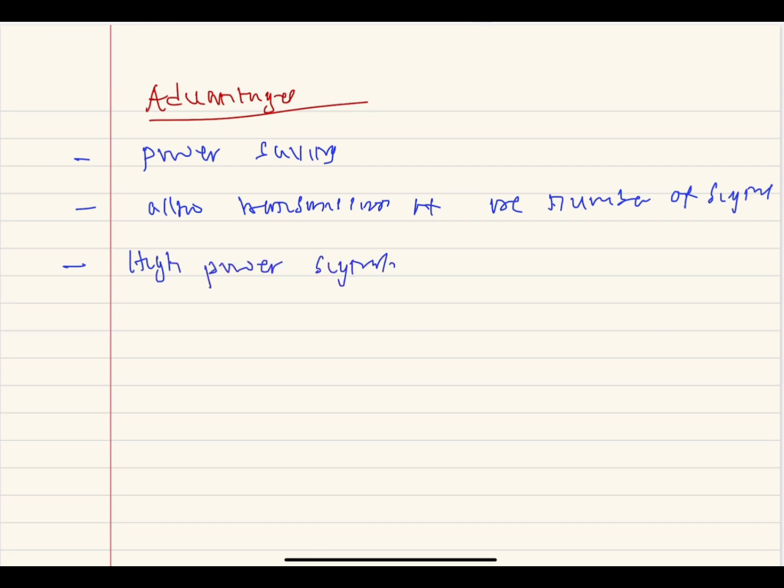As I was saying, as we save power, if you are transmitting higher power signals, the power that has been suppressed can be added up to help us transmit those signals. It also helps to present less amount of noise in whatever we are doing. Let's say less amount of noise.